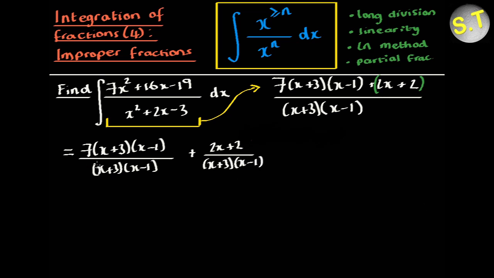The first part of this, very simply, cancels with this and this, and we're left with 7.